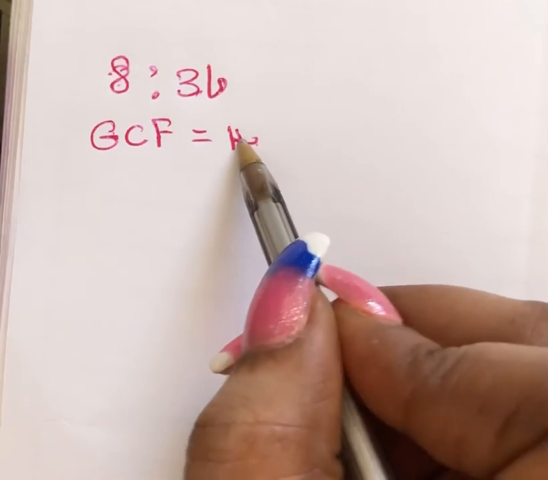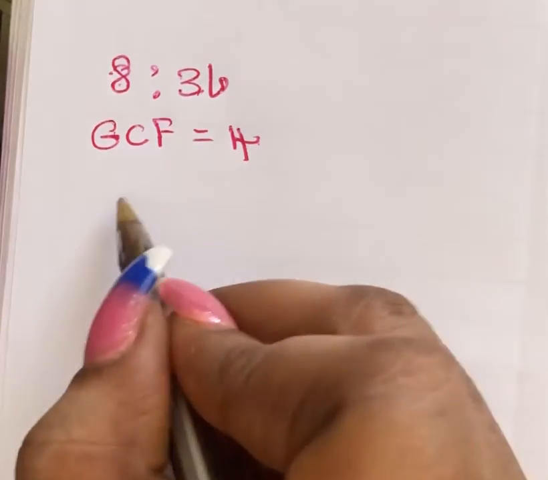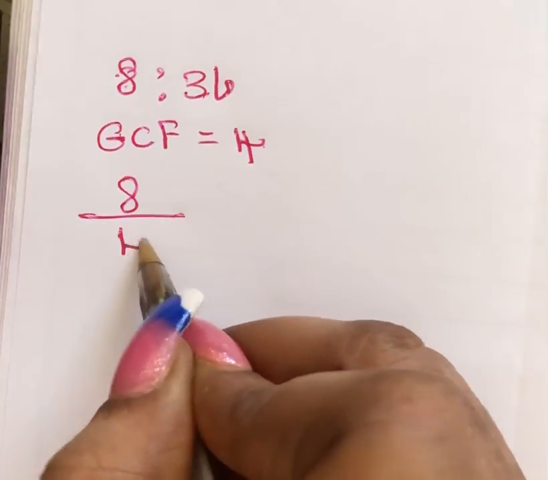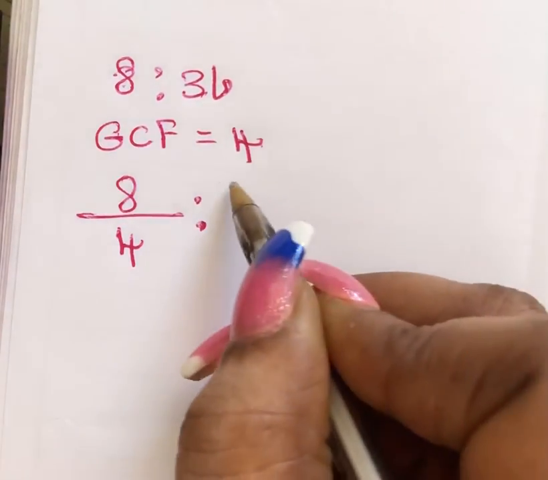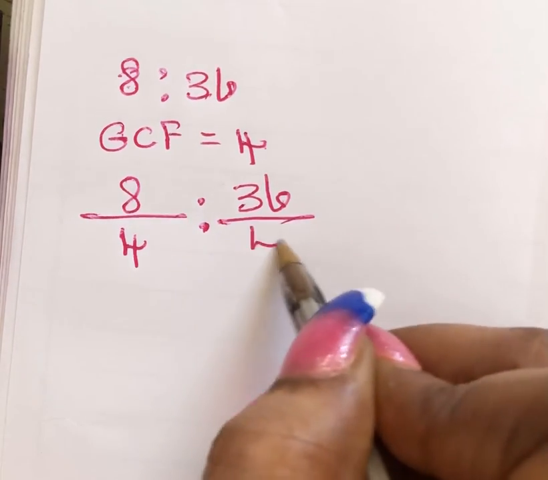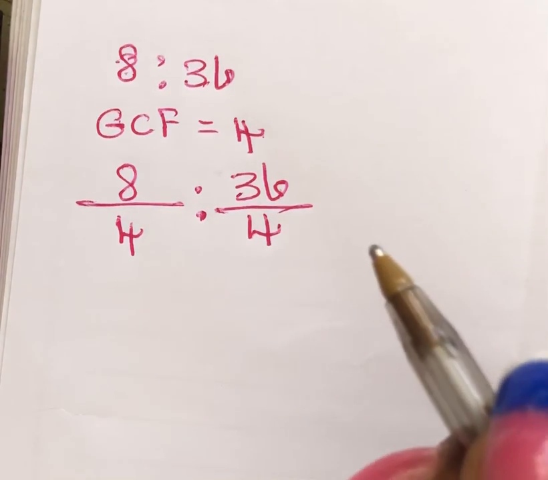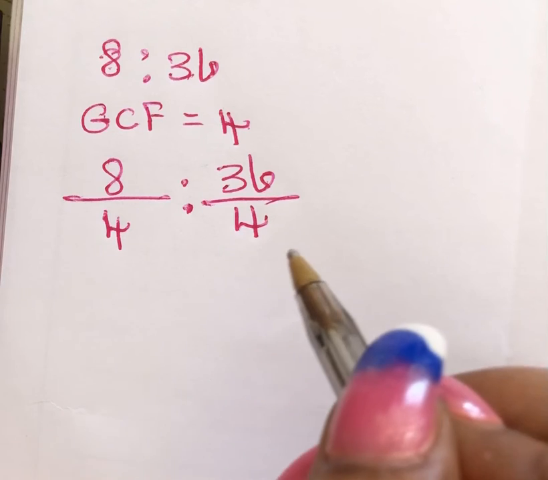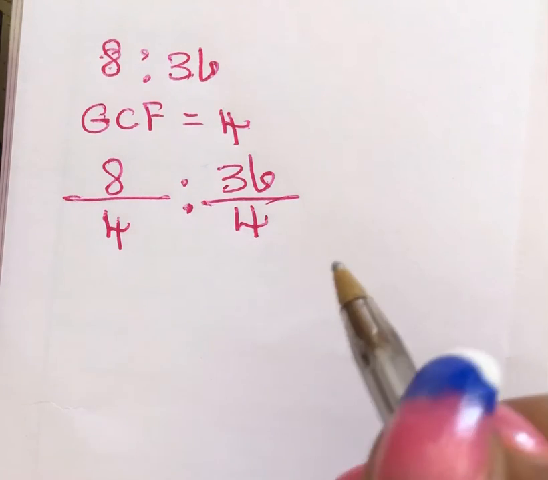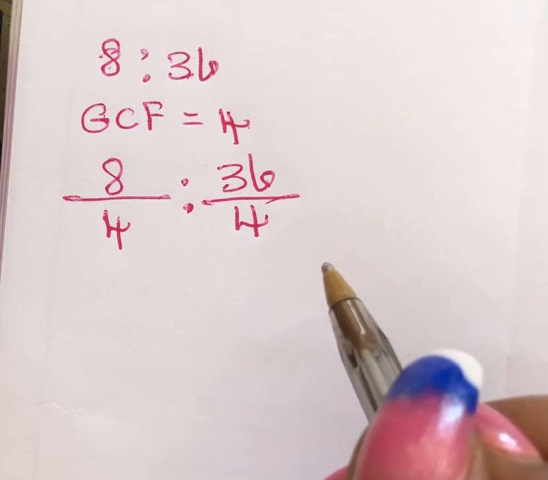4, because 4 goes into 8 and 4 goes into 36, leaving me with 0 remainder. I want a number that will give me 0 remainder.